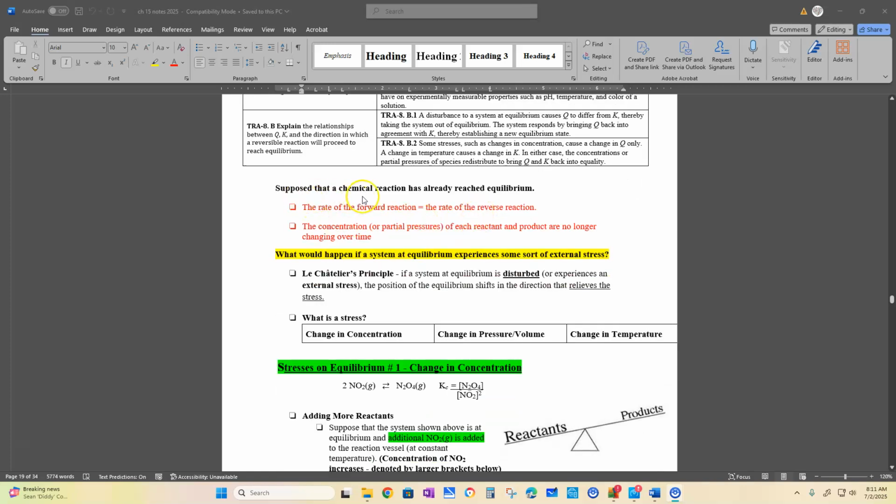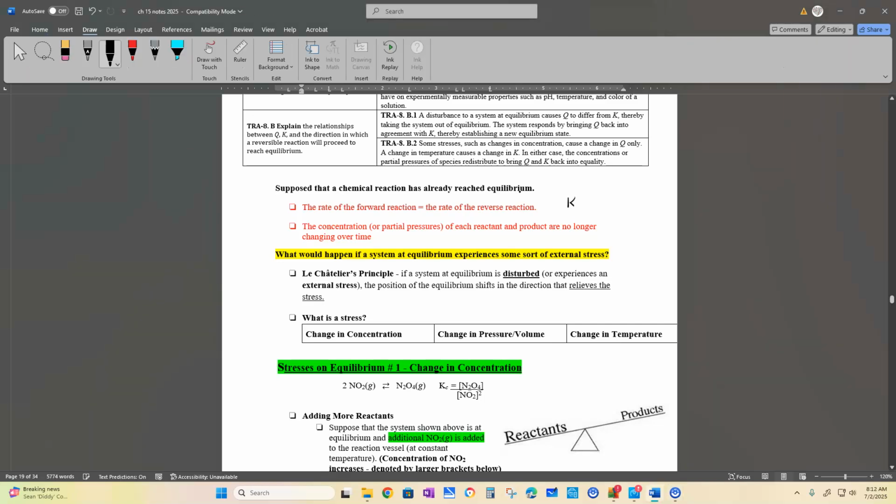Suppose that a chemical reaction was already at equilibrium. So what do we know from the beginning of equilibrium? That means the rate of the forward reaction is equal to the rate of the reverse. Remember, rate is chapter 14, kinetics, so be very careful with your K's when it comes to equilibrium.